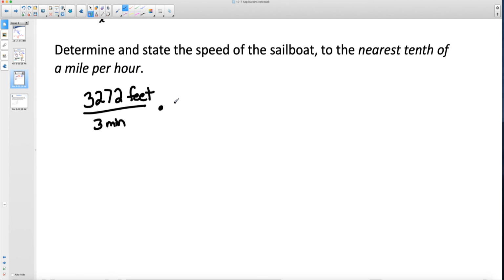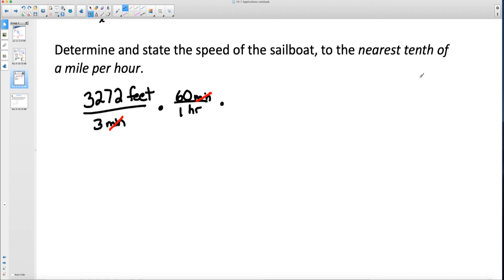The conversion for hours will be the easier one. 60 minutes, and there's 60 minutes in 1 hour. I'm doing it like that so I can cross out these units. And now we're in hours. But now we also want to be in miles.